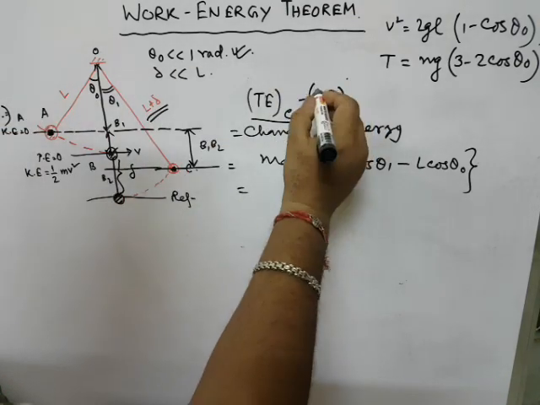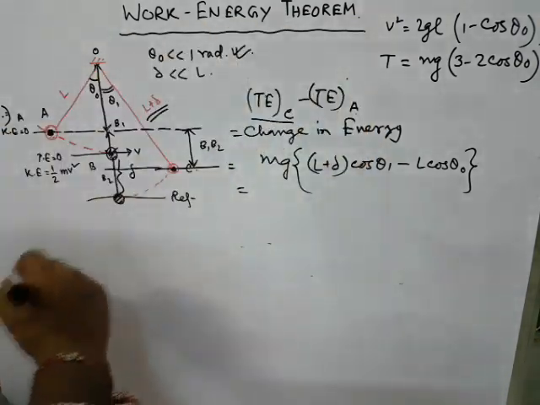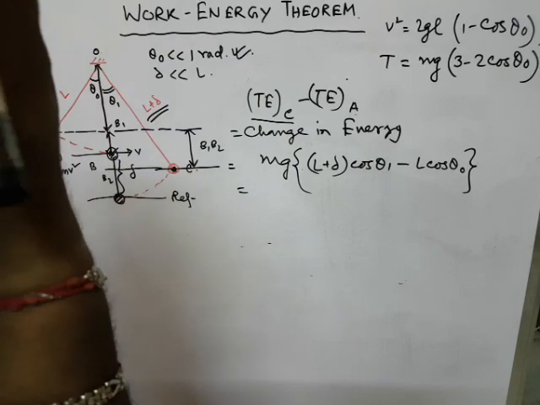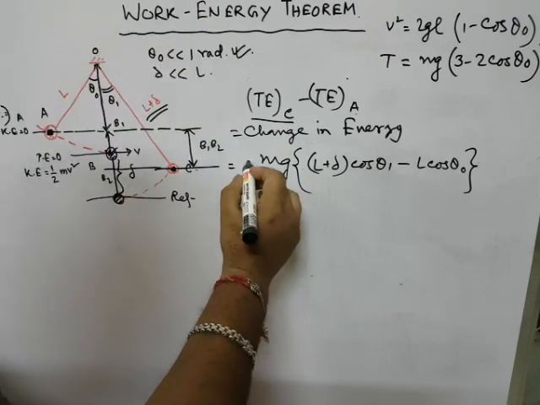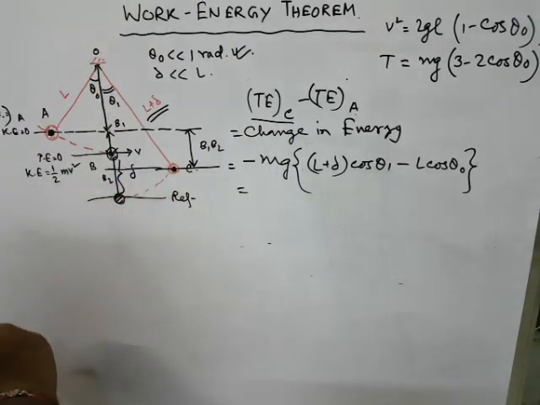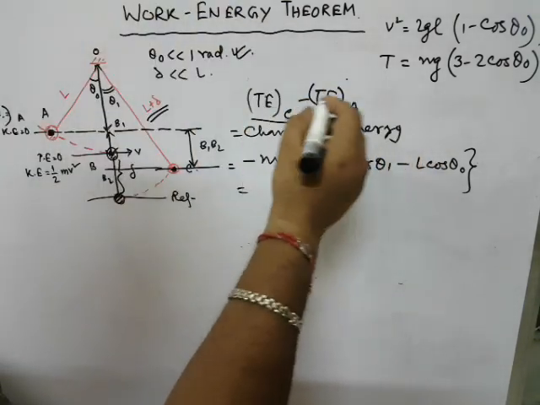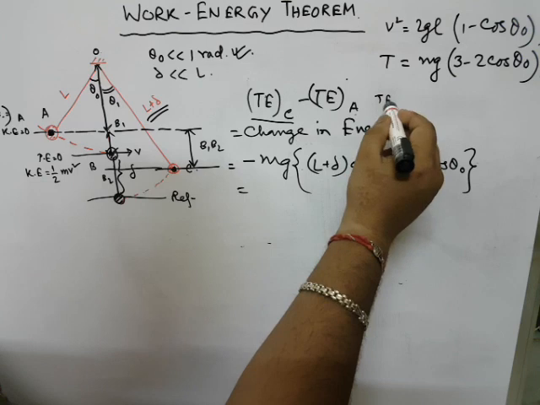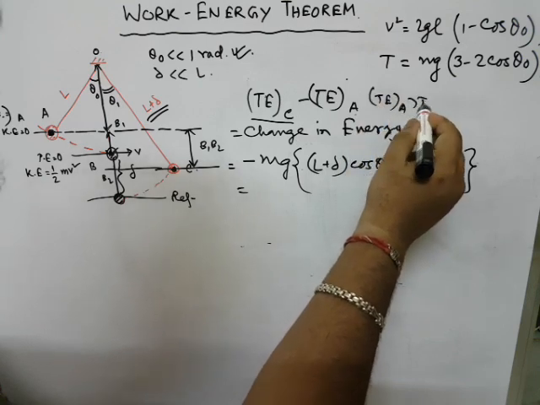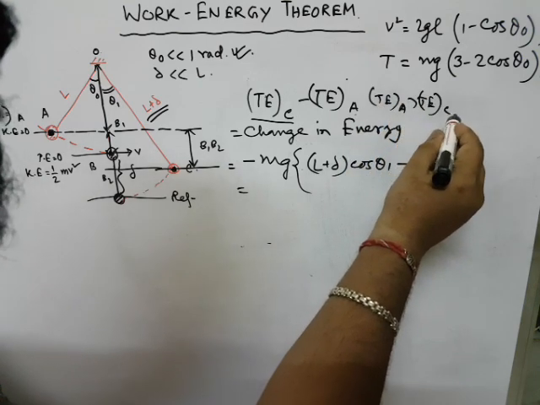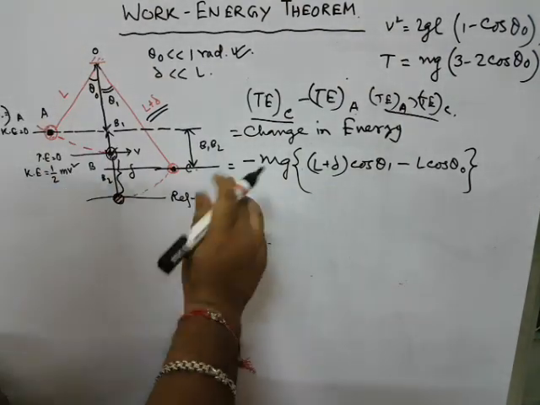So total energy at C minus total energy at A is the change in energy. This will give you a minus sign, because total energy at A is greater than total energy at C. So you'll get a minus sign.